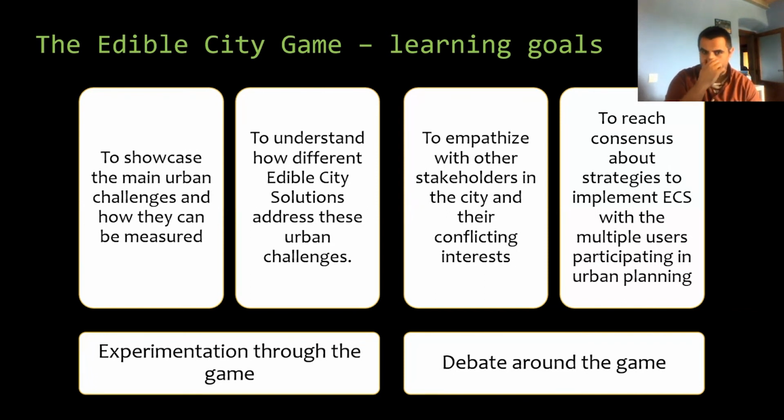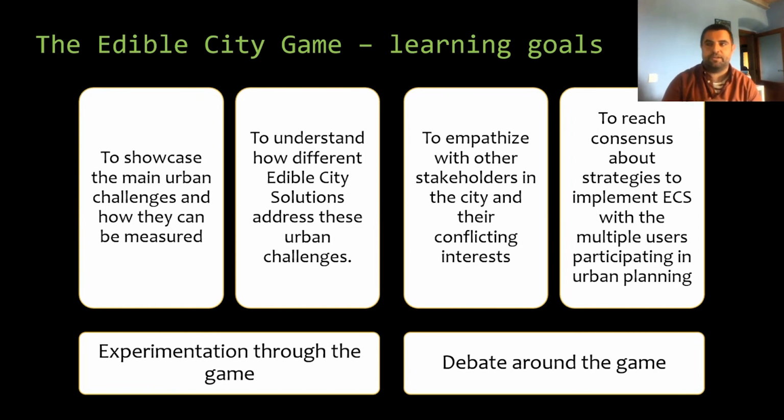And these 2 learning goals are to showcase the main urban challenges that the cities are facing and how they can be measured through the indicators that we implemented. And another goal linked to the experimentation is to understand how different Edible City solutions address these urban challenges.